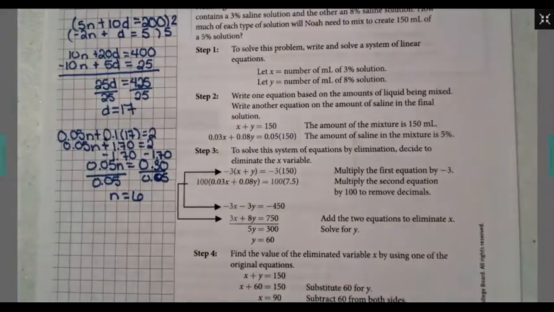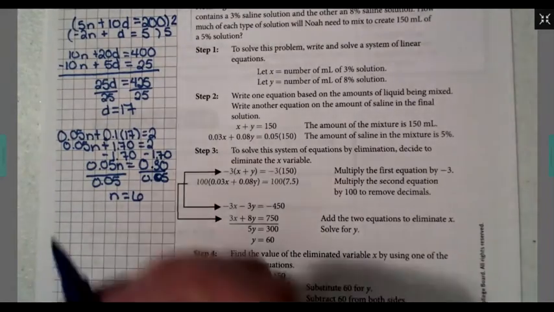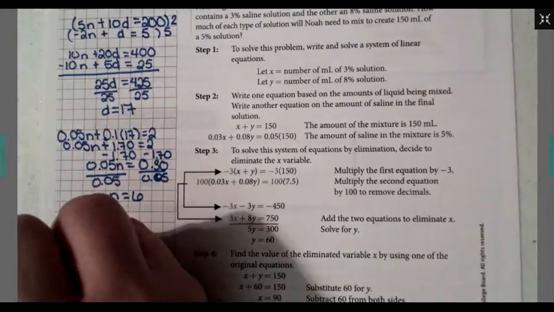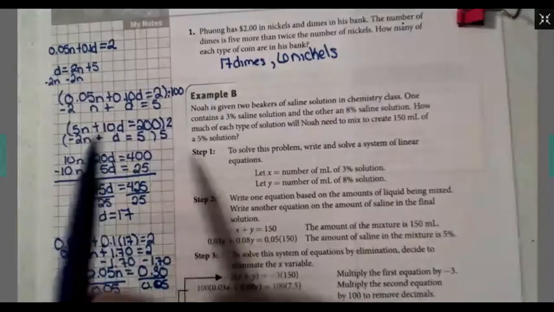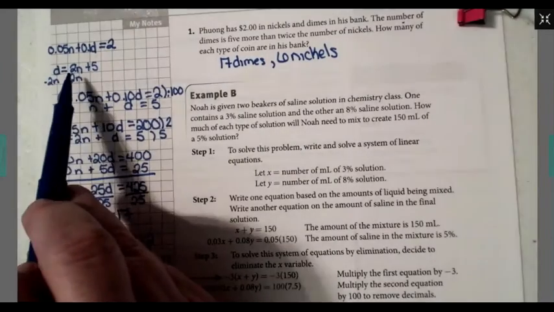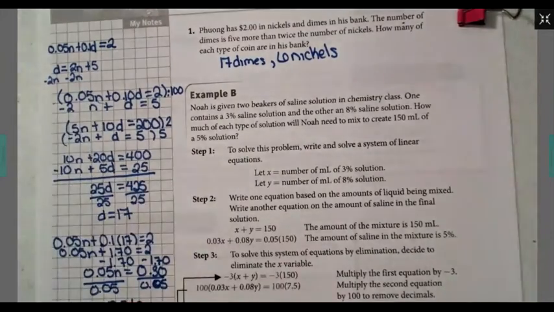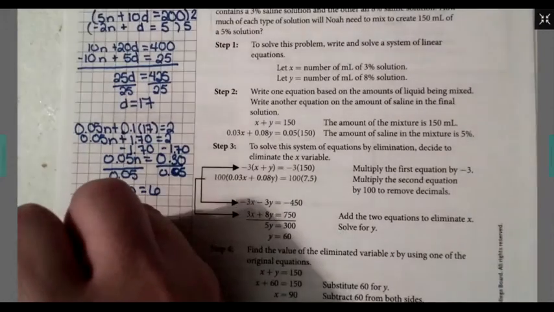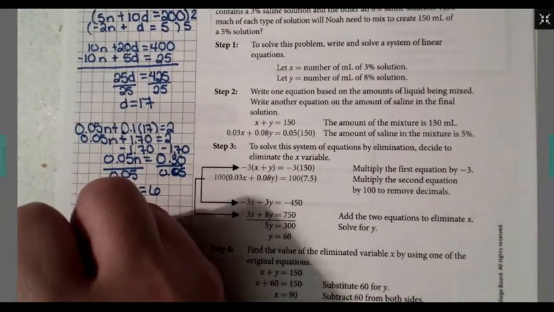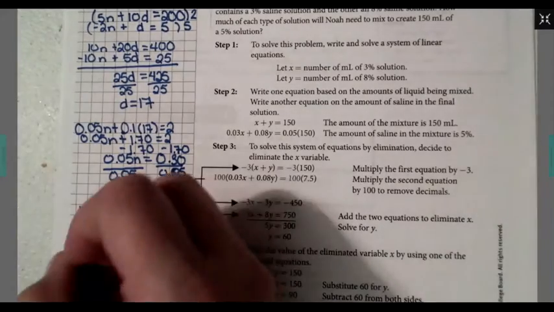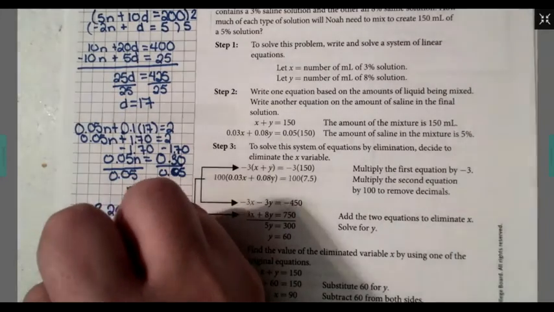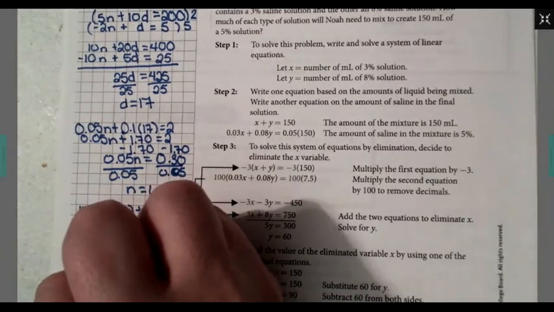Let's take a look. It always says double check your answer, right? So let's plug it into that second equation. The original second equation said d equals 2n plus 5. So 17, which is the number for d, questionable, 2 times 6 plus 5.